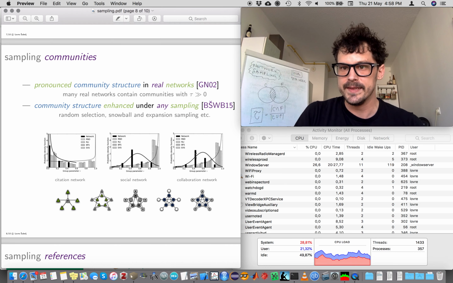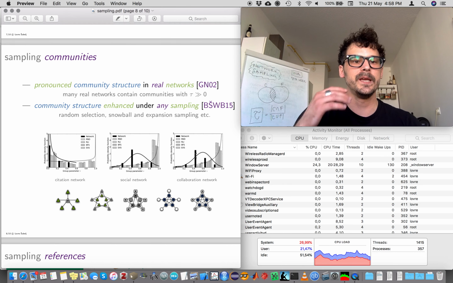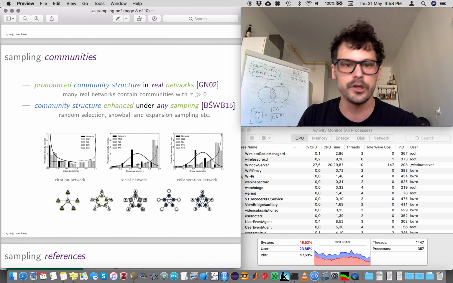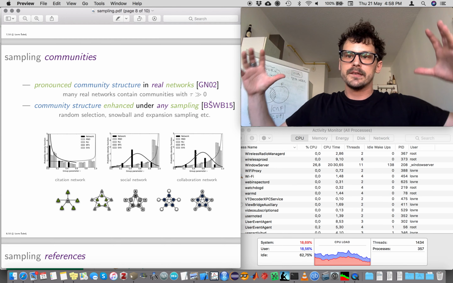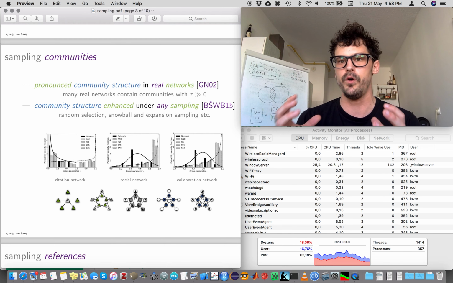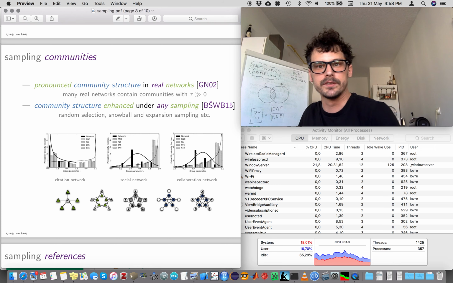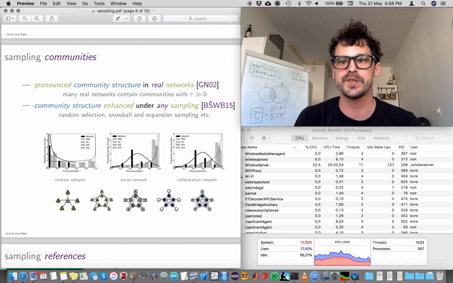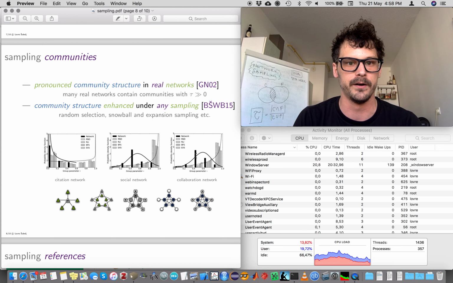Now, what we did next is we used different sampling techniques, like random selection techniques, exploration techniques, aggregation techniques, and so on, to sample the network, make the network smaller, and again detected the groups and computed the taus, so that we can see what kind of groups we are getting now.